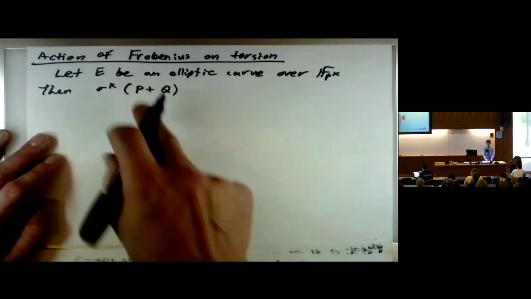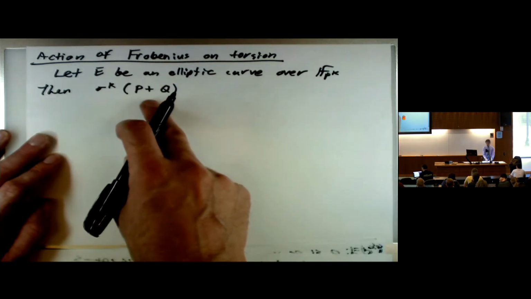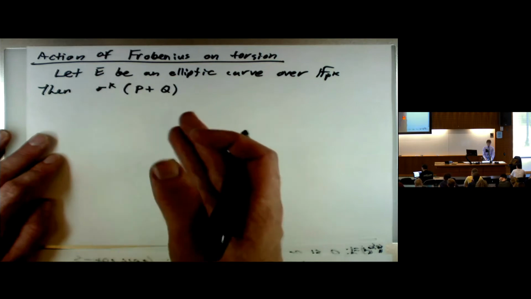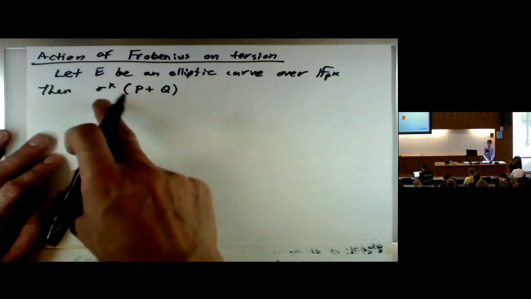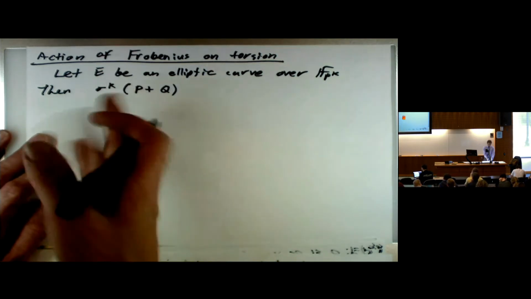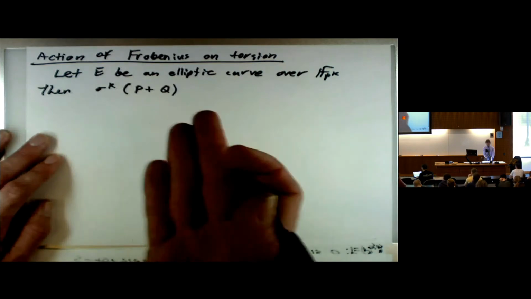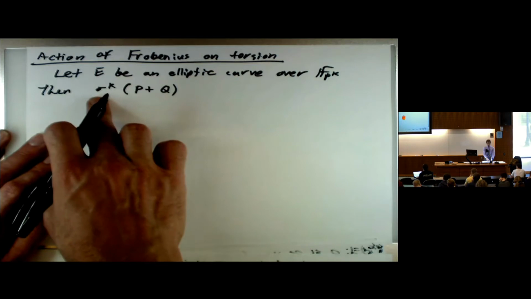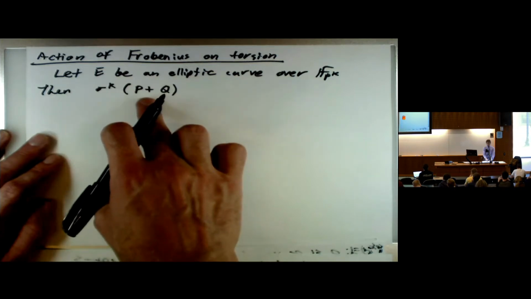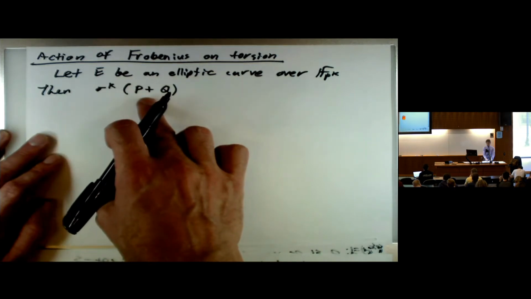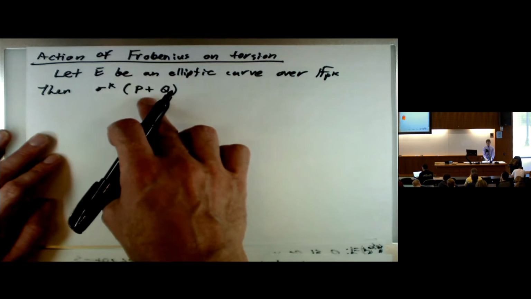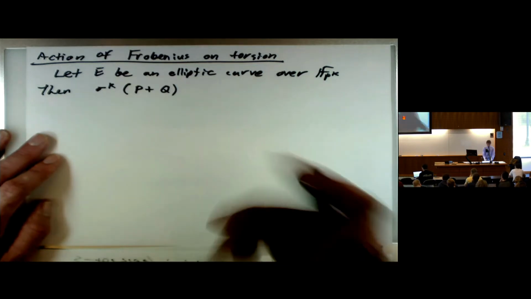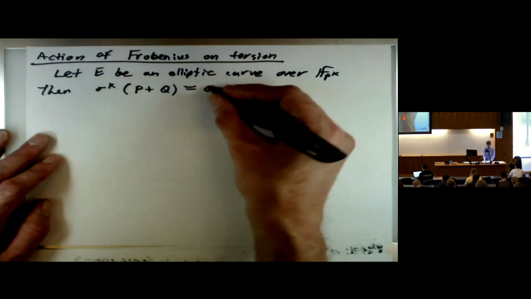There's something a little bit non-trivial going on here, because while it's basically from the definition of endomorphisms that this commutes with ordinary addition, the fact that it commutes with this addition is coming from the definition of the addition law on the curve. But it's true. It commutes with it.